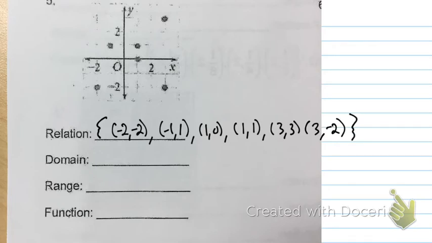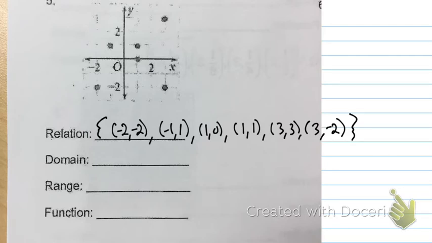So that is my relation. Relation just says there's something happening between x and y. It's just the ordered pairs, right? Everybody good with the relation?